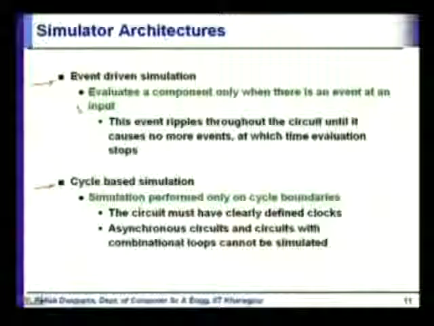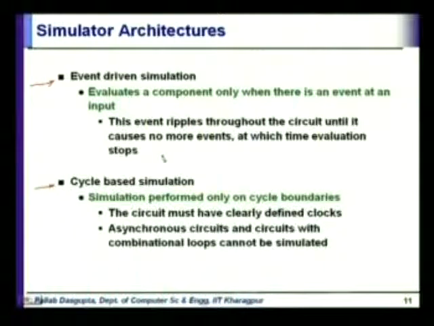So to come back to this slide, in an event driven simulation, the event ripples through the circuit until it causes no more events, at which time evaluation stops. And in a cycle based simulation, simulation is performed only on cycle boundaries, not whenever an event occurs. The circuit must have clearly defined clocks, otherwise how would you define cycle boundaries, right?